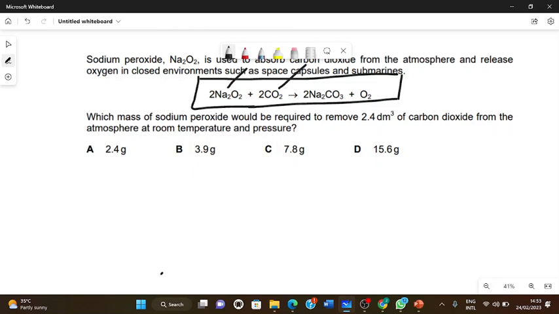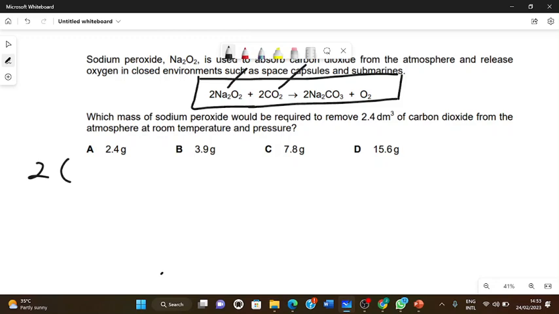Now, the first thing we'll do, we're going to calculate the mass of 2 moles of sodium peroxide. So that will be 2 times the molar mass of sodium peroxide, which is the mass of 1 mole of sodium peroxide.